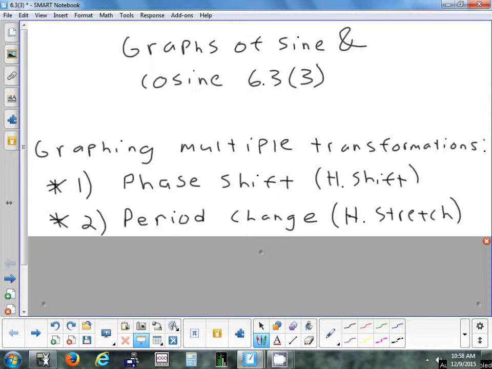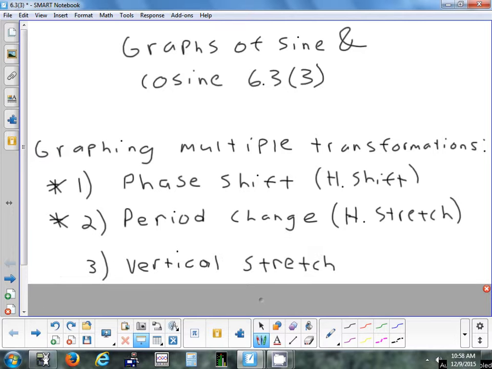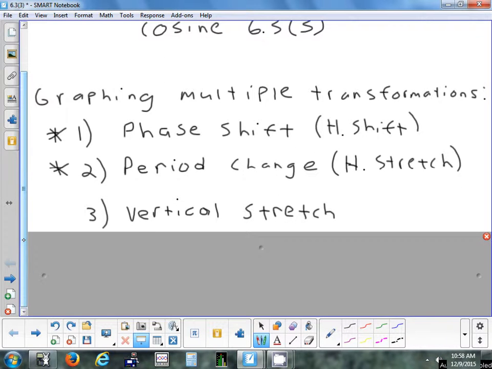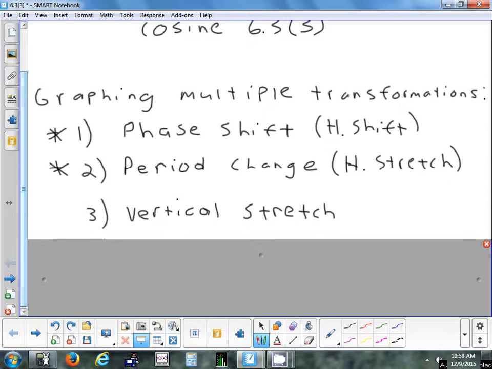What's the first thing we do for vertical? Do the vertical stretch, which, just like all the other functions, we call a vertical stretch. It's a change in the amplitude. At this point, you can also do your reflection, if necessary.